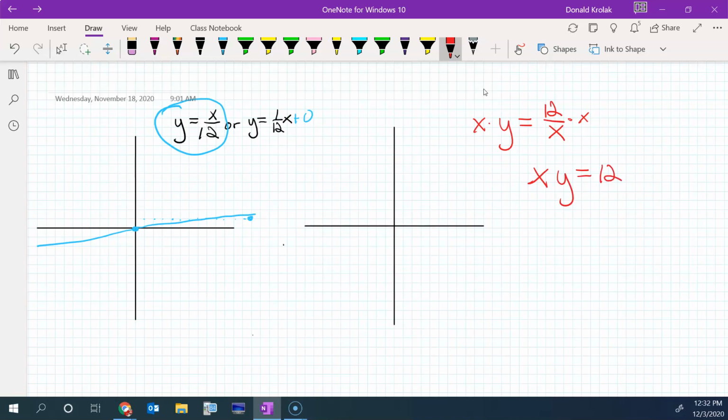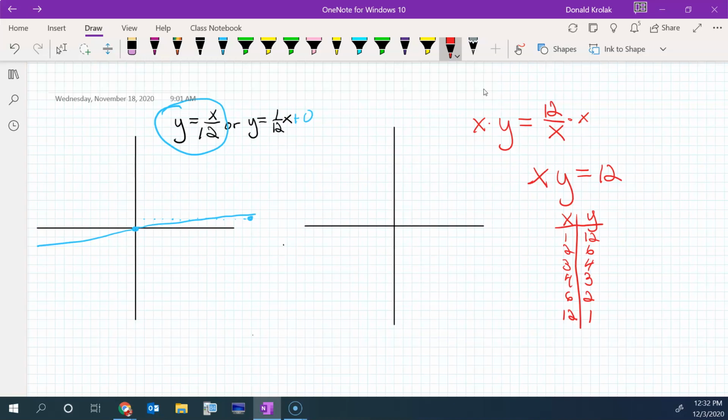So the numbers on this graph are numbers that when you multiply them, you get 12. Like 1 and 12, 2 and 6, 3 and 4, 4 and 3, 6 and 2, 12 and 1, and then also the negatives.